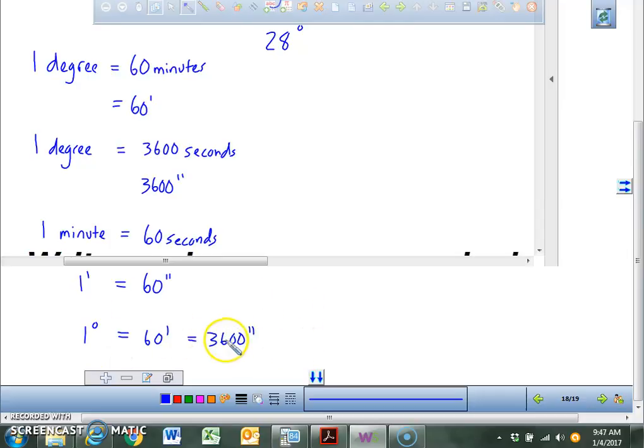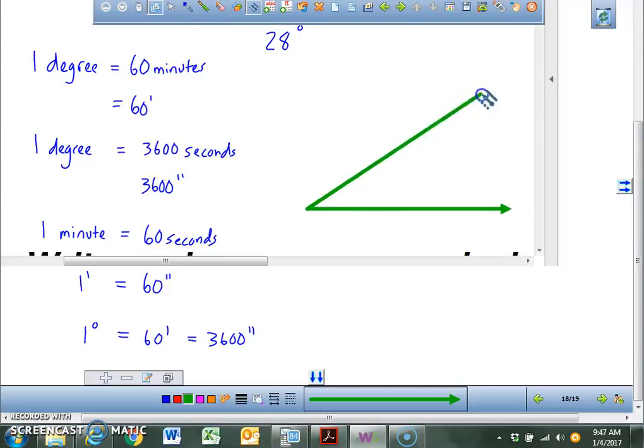So I'm going to let you guys write this down so you have a little conversion chart in your journal. Let's make believe that this right here is equal to 1 degree. I understand that angle is bigger than 1 degree, but we're going to say that's 1 degree.